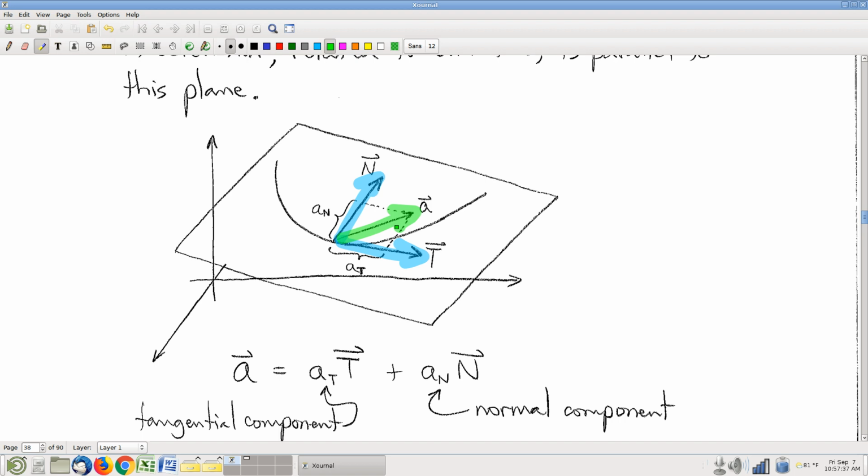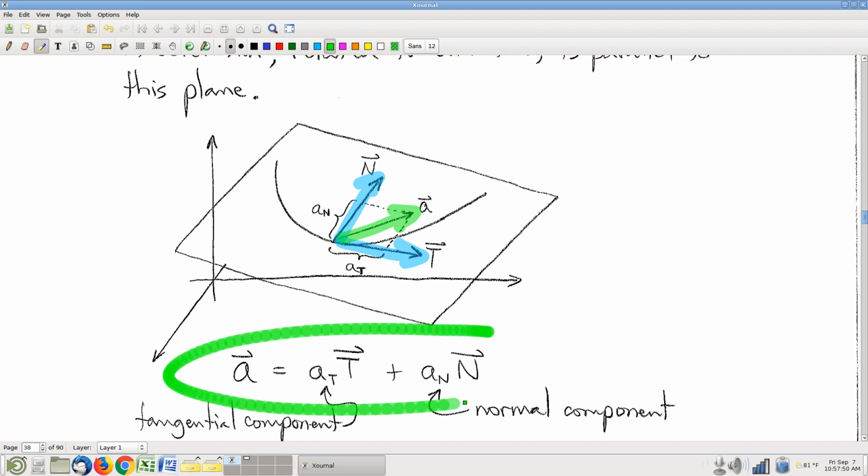That's done with the steering wheel, not the accelerator. There's the acceleration that comes from changing your direction, and there's the acceleration that comes from changing your speed. These are different things. So this acceleration vector has components in each of these directions: the tangential component of acceleration, and the normal component of acceleration.